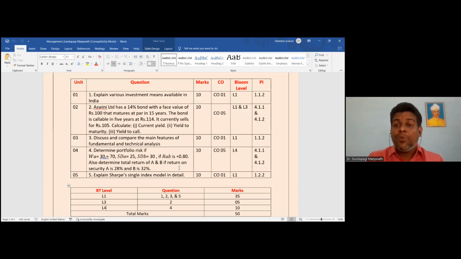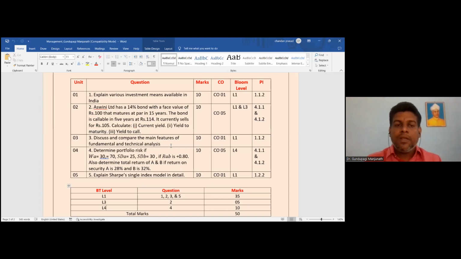Even teachers will get motivated. Oh, I'm teaching in a proper manner where the student understood my concept. The student is able to create a model by listening to me. The student has understood the procedure. All these things happen when we are following certain systematic procedures in developing a question paper.